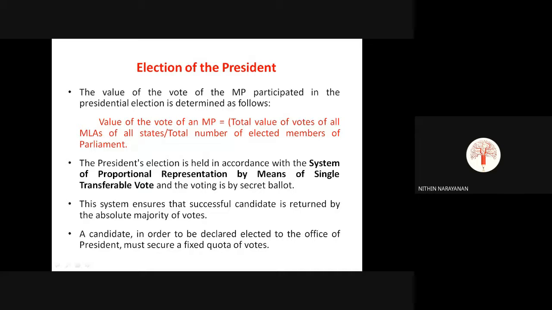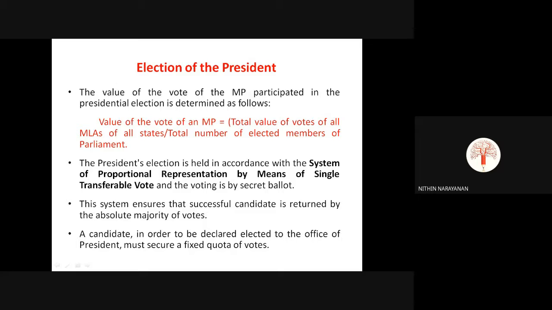So the parliament member vote share will be equal for everyone, because it is counted on the basis of the total value of votes of all MLAs of all the states, divided by the total number of elected members of the parliament. So the voting value of an MLA will be different from that of an MP, and the voting value of MLAs of different states will also be different.